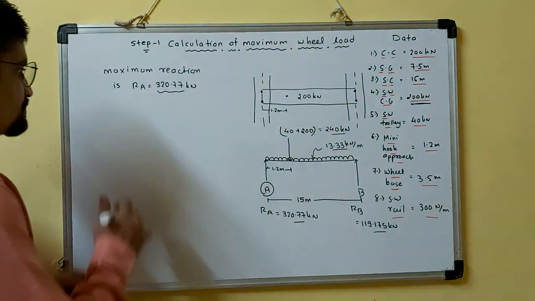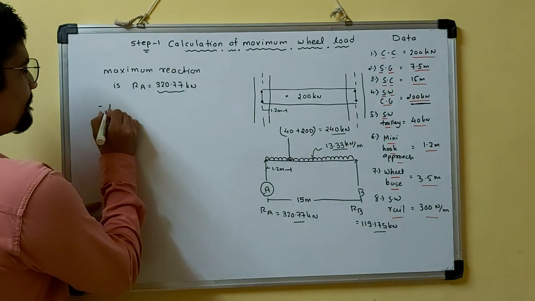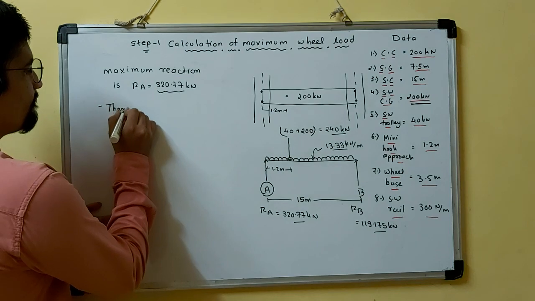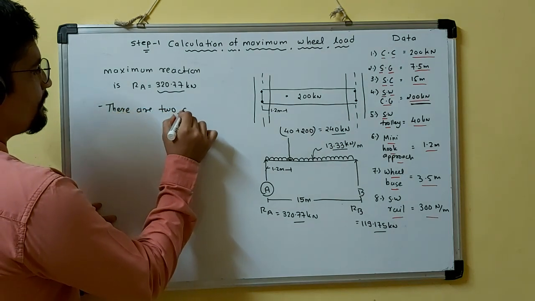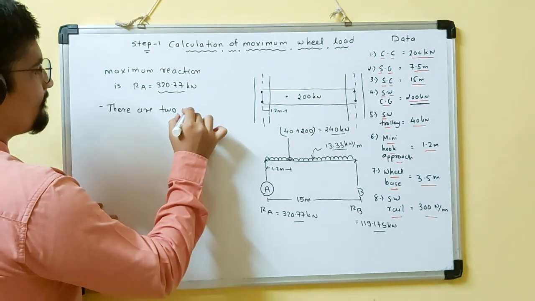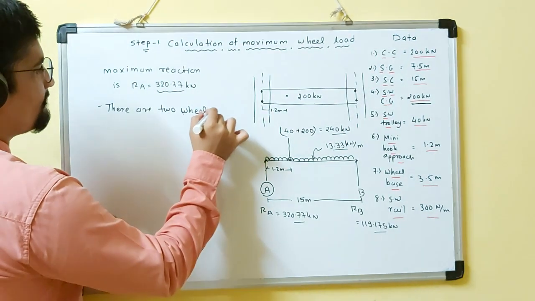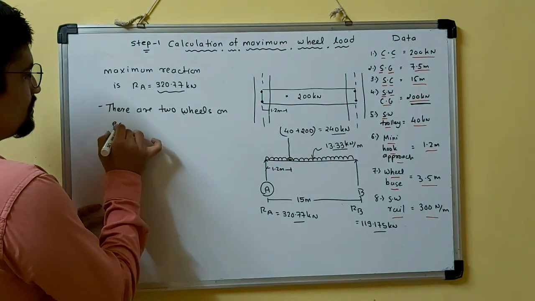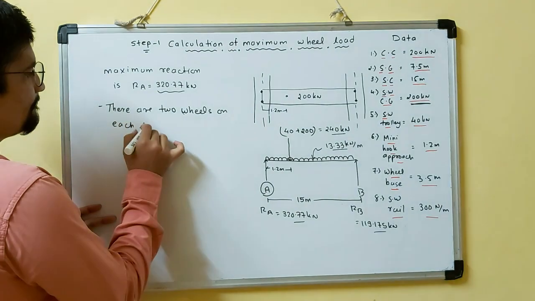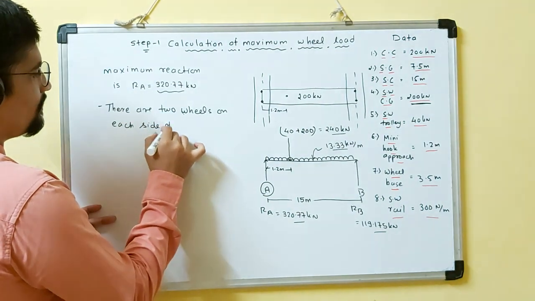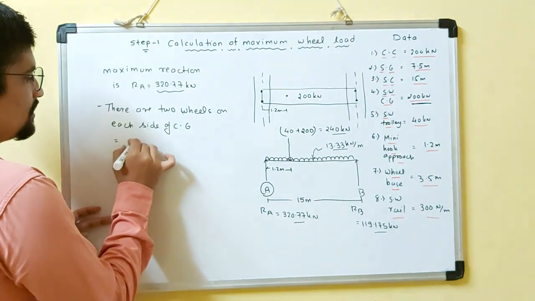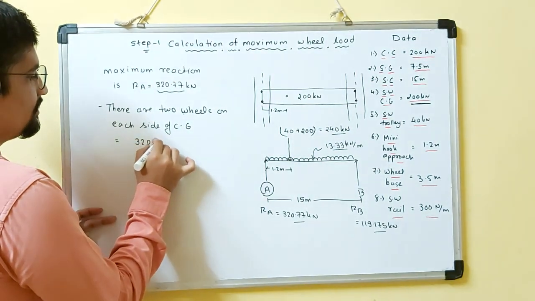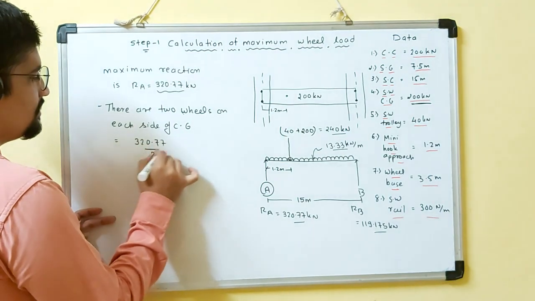So the load on each wheel of the crane girder is equal to 320.77 divided by 2.